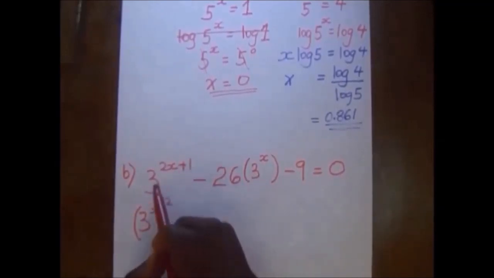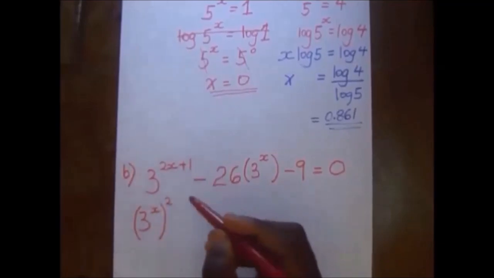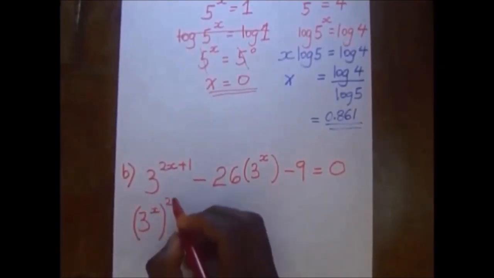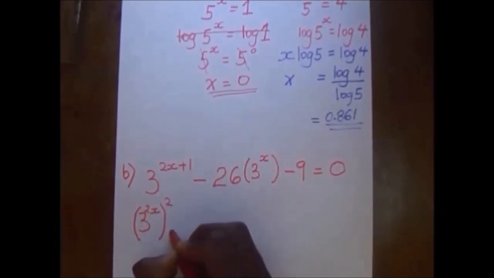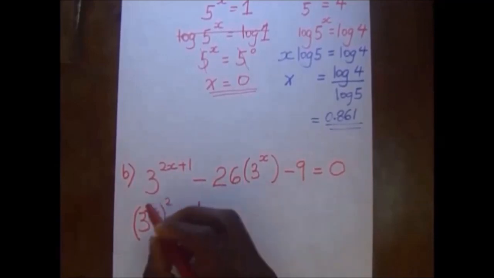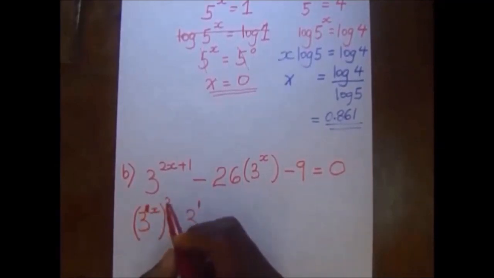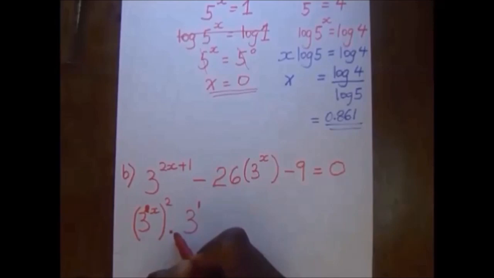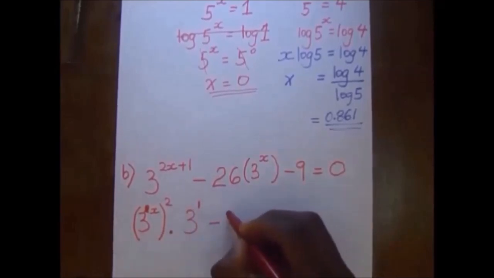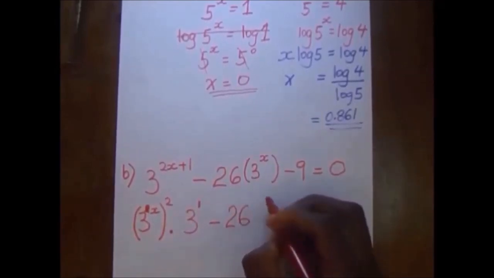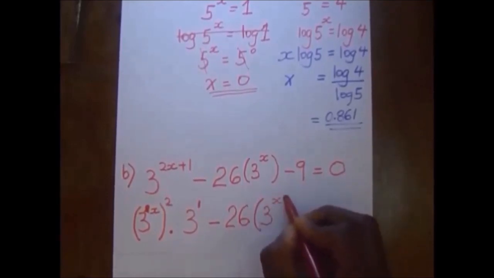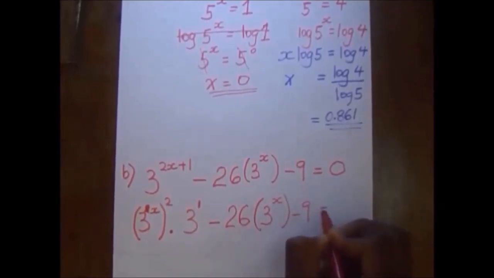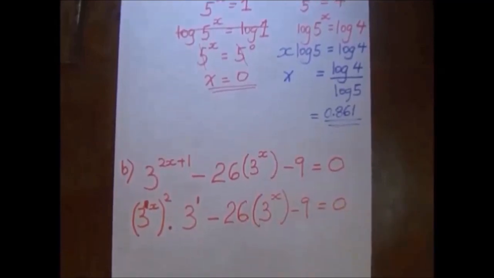Since it's 3 to the power 2x plus 1, let's go very slowly here. It's going to become 3 to the power 2x times 3 to the power 1. That is 3 to the power x squared times 3 to the power 1, minus 26 into 3 to the power x, minus 9 is equal to 0.